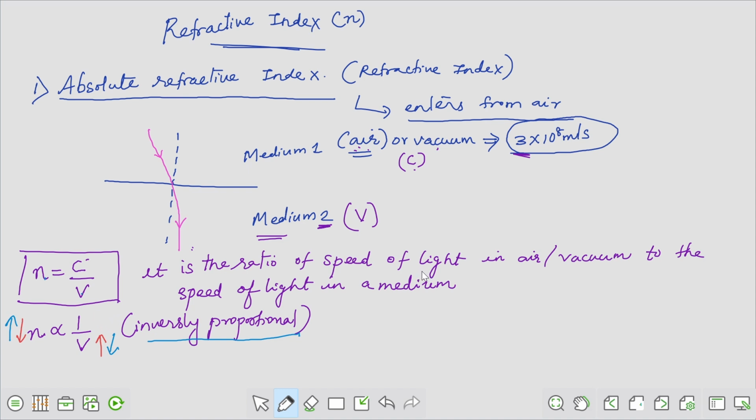Now, so we have N equal to C by V. So we know that speed of light is 3 into 10 power 8 meter per second in air or vacuum. Suppose I am taking the speed of light in a medium, say for example 2 into 10 power 8 meter per second, which is less than the speed of light in air.